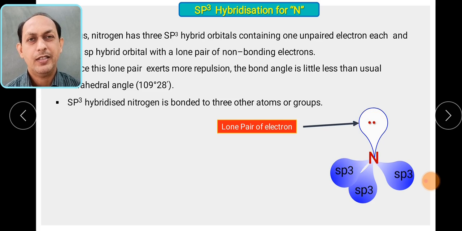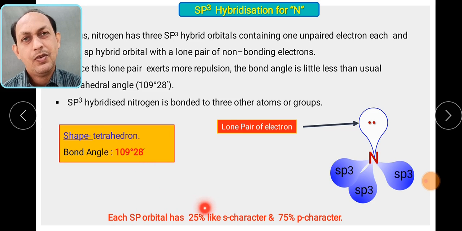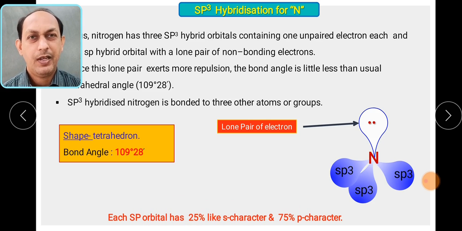To minimize these repulsions, the orbitals are oriented in a tetrahedron, and the bond angle is 109 degrees 28 minutes. For sp3 hybridization, the S character is 25% while the P character is 75%. We have to remember this for sp3 hybridization for nitrogen.